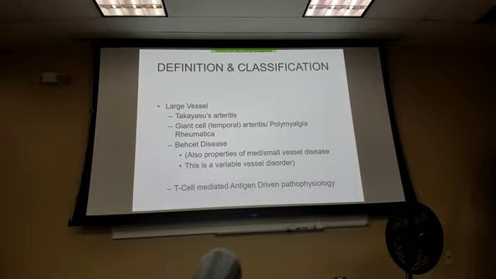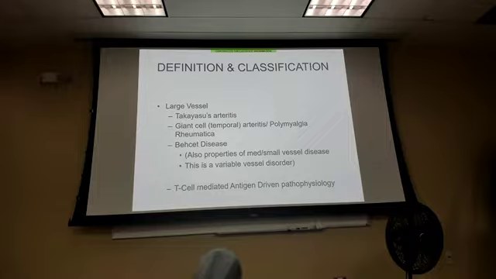Breaking it down, we're going to talk about the large vessels. So we've got those names: Takayasu arteritis, GCA. So that's that one that was up on top over there, which we're going to speak about. Behçet disease could be not only large, but it can get into medium and small. This is a variable vessel disorder.